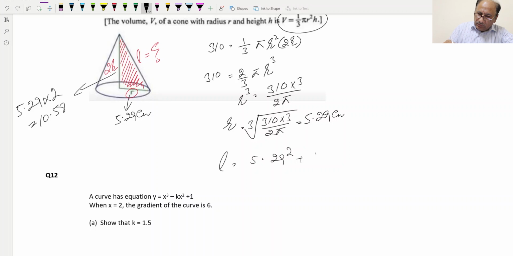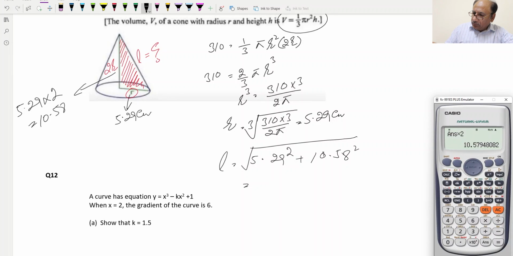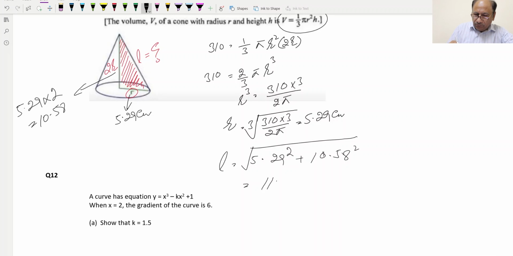So this one we can write as 10.58 squared, under the root, and the answer will be the square root of 5.29 squared plus 10.58 squared, and this is equal to 11.83. In three significant figures we can write 11.8, and this will be in centimeters.